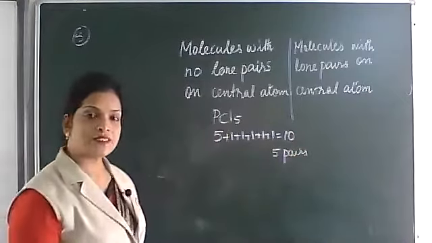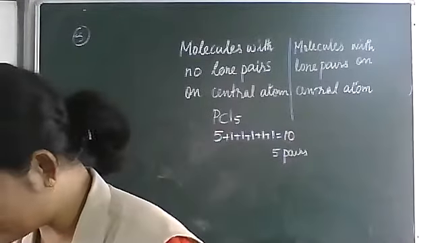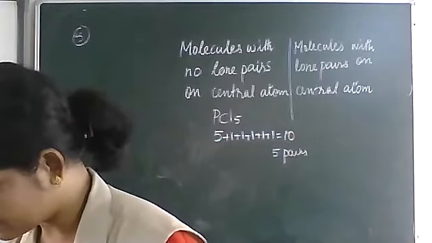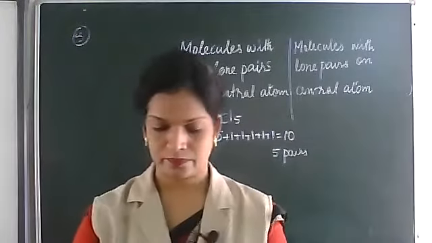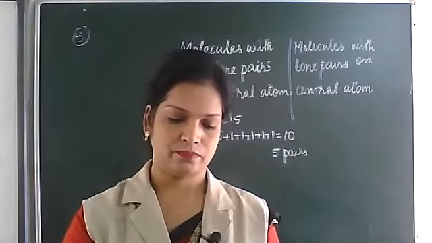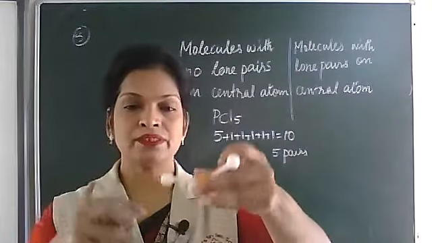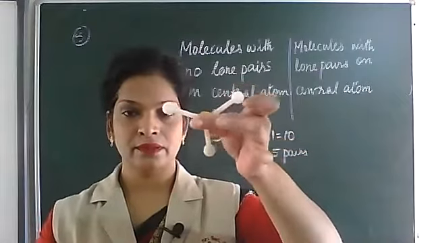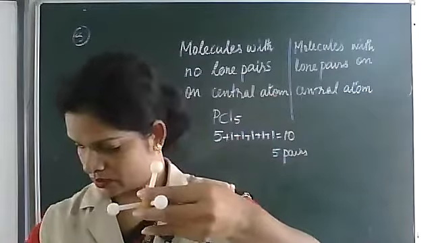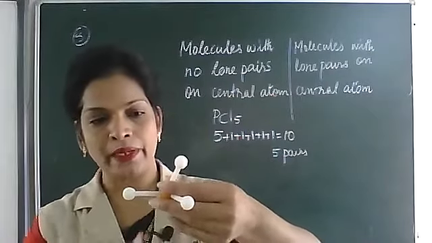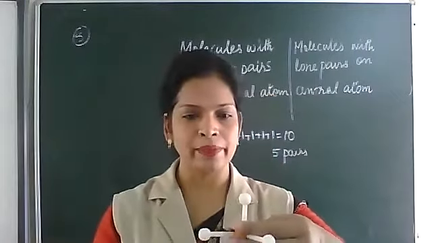These 5 pairs will be arranged in a trigonal bipyramidal way, meaning 3 in one plane, and 1 above and 1 below.